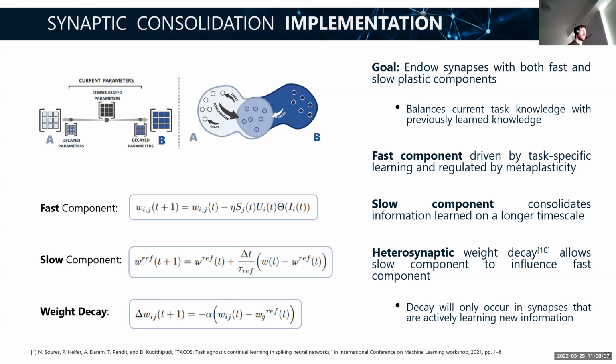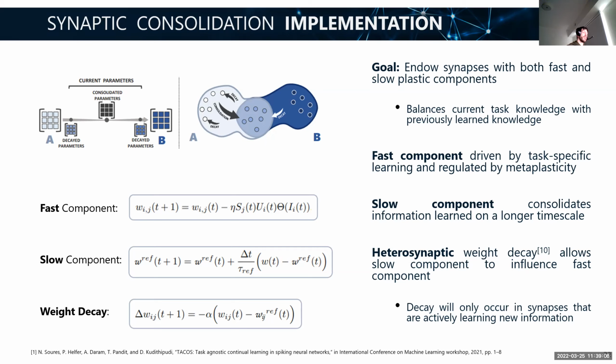Your fast component is forced to decay back towards its previous values anytime its postsynaptic neuron emits a spike. The goal of this is to form a balance between slowly consolidating your new information while at the same time preventing changes from your past state, which were important to prior tasks.